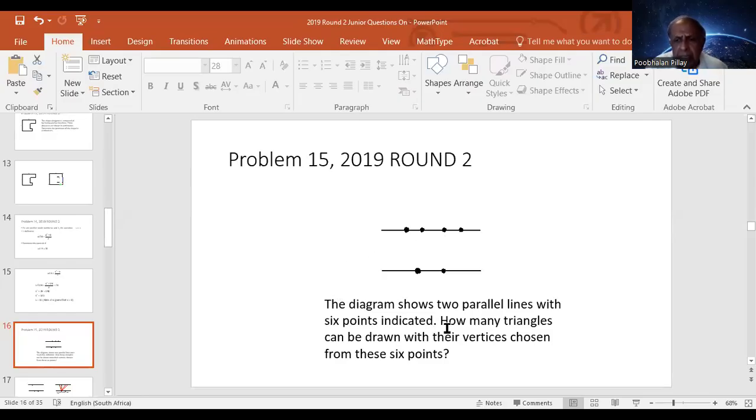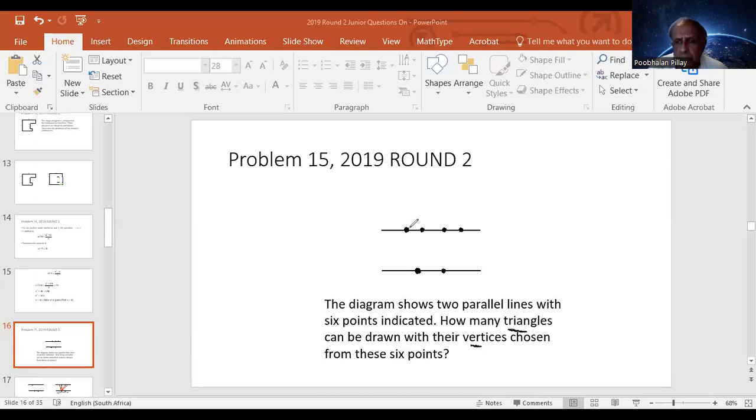How many triangles can be drawn with their vertices chosen from these 6 points? Right? A triangle has got 3 vertices, and you want to choose those 3 vertices from these 6 points.